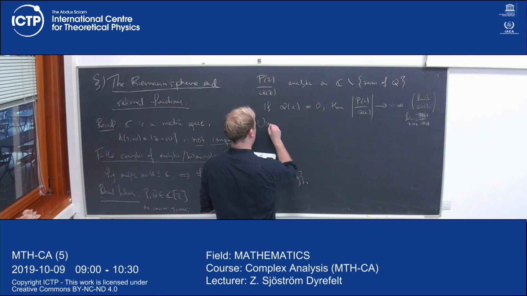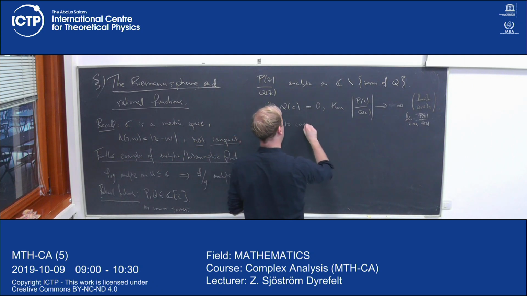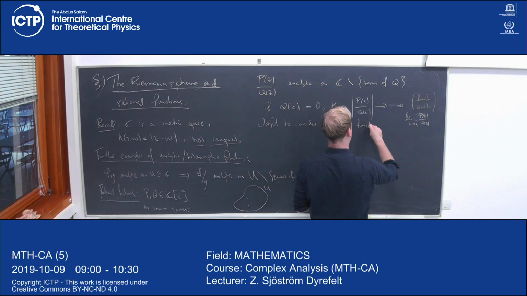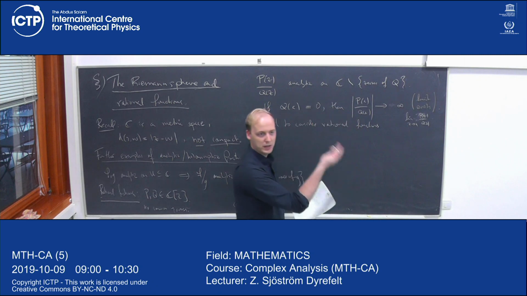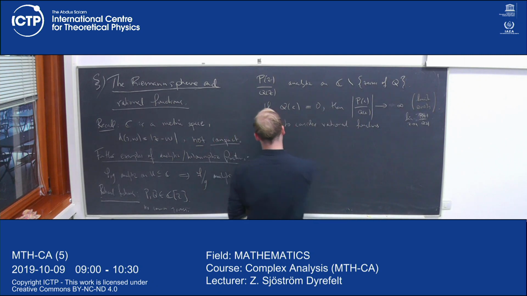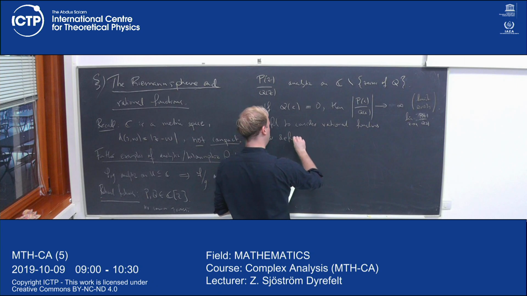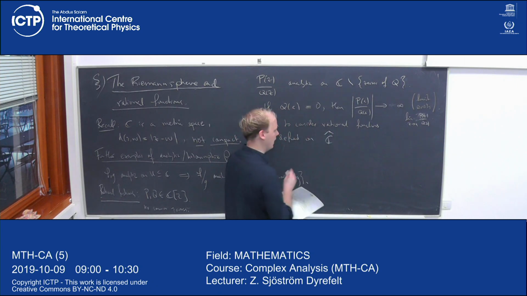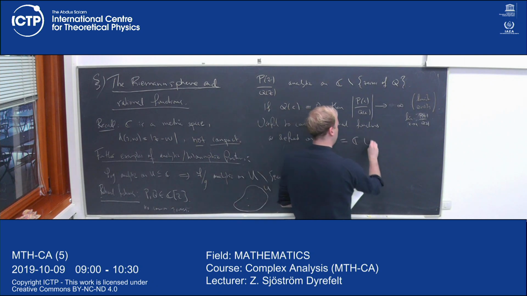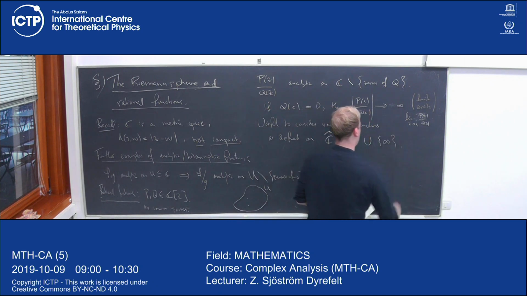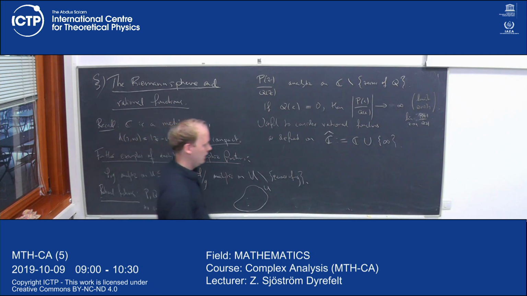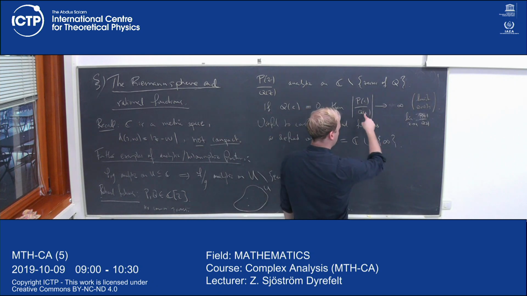So it is useful to consider rational functions, or in general quotients of any holomorphic functions, as defined on this thing that I will call C hat, which is defined as C union a point at infinity. And in particular, I would then, in this case, send a to infinity.